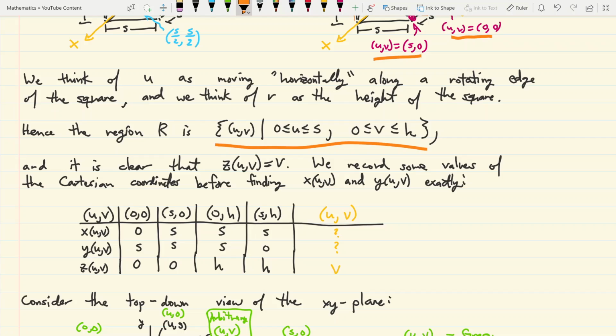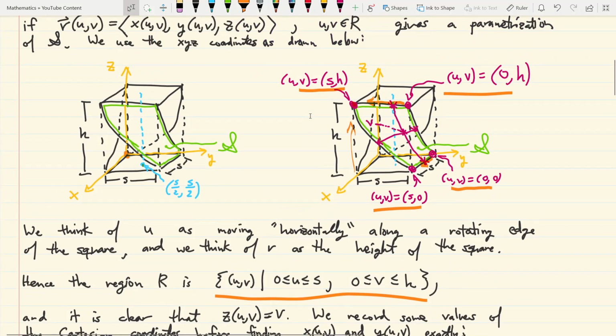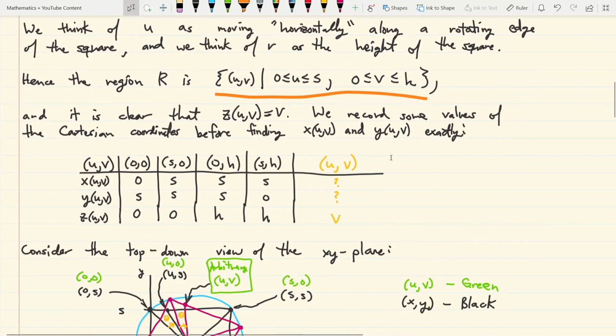U is ranging between 0 and S, and V is ranging between 0 and H. So notice this is not the region you could say in the XYZ plane underneath the surface, or the region of that bottom square. So it's clear that by definition V is just the height, which is Z. So the goal is to find X and Y in terms of U and V.